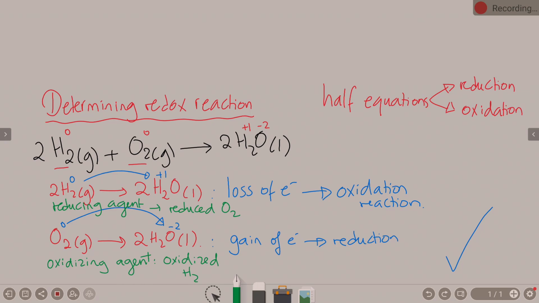Okay, so this is a summary of how we determine redox reactions based on the charges. Let's do another example.